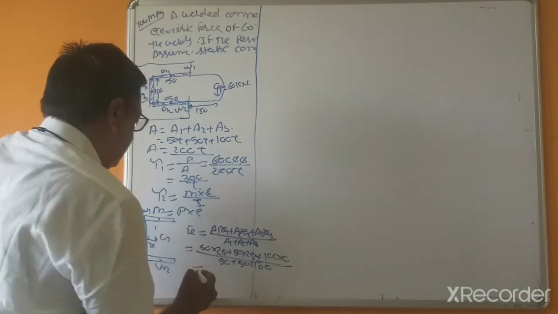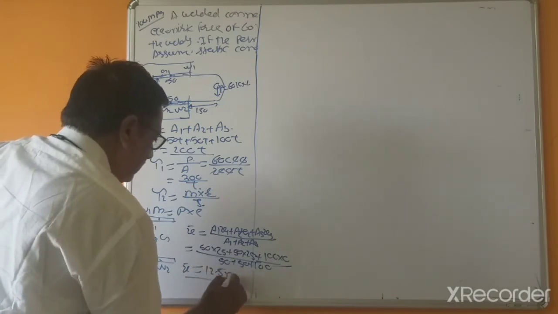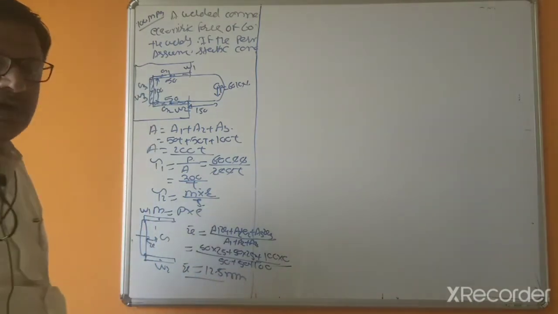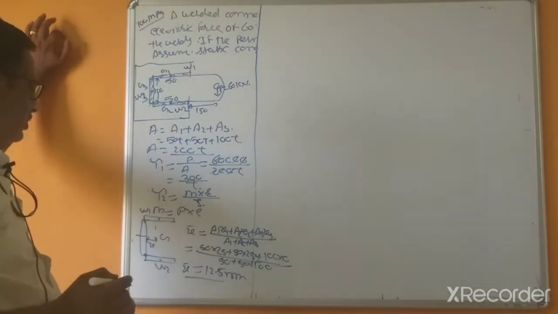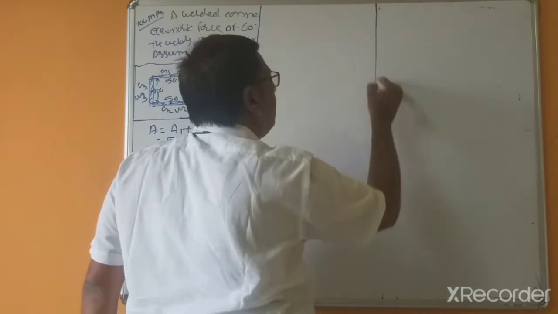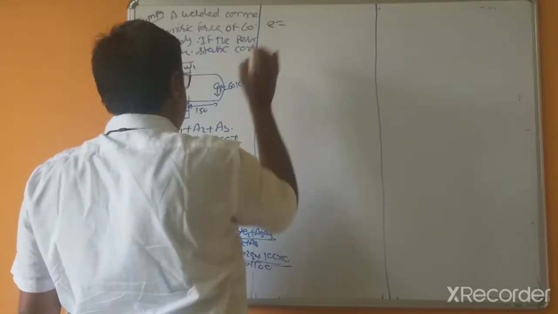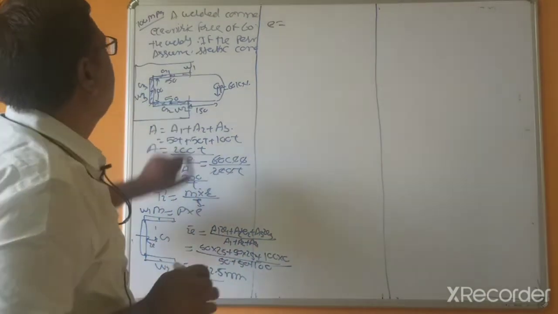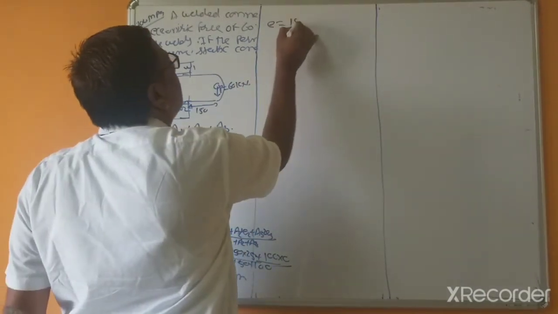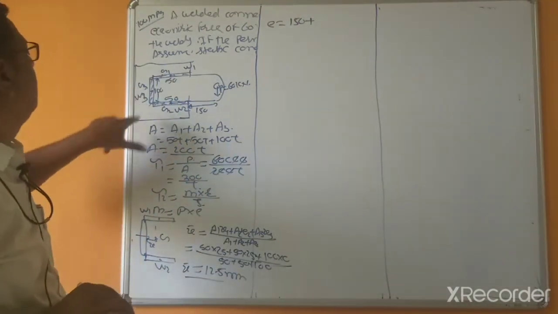Right, this is 12.5 mm. Now e equal to this 150 plus this, total 50.